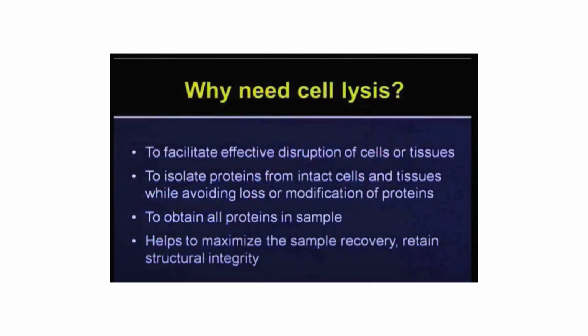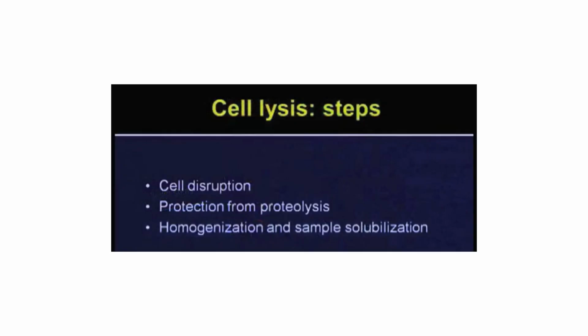It facilitates effective disruption of the cells, isolates proteins from intact cells, obtains all the proteins in the sample, helps in maximizing sample recovery, and makes sure that the protein structure is maintained. That is only possible by choosing an appropriate buffer which has all the components essential to make sure the protein is stable after coming out.